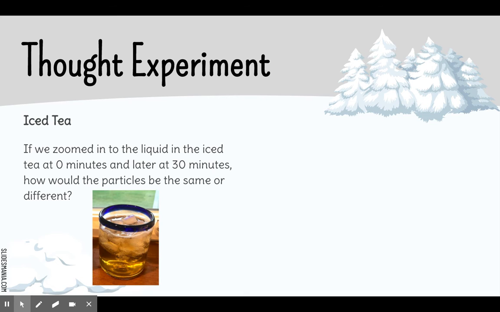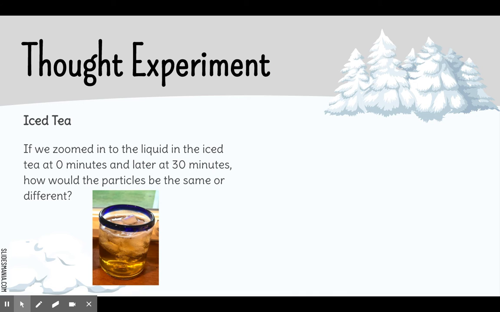So let's do a quick thought experiment. If we zoomed into the liquid in the iced tea at 0 minutes and then later at 30 minutes, how would the particles be the same or different? So compare and contrast. Think in your brain what it might look like if we zoomed into the iced tea liquid at 0 minutes when it's probably at its coldest.